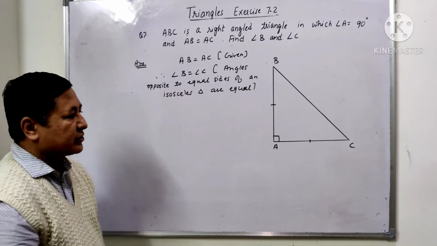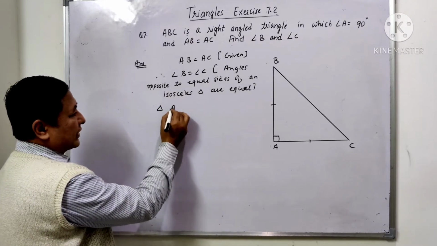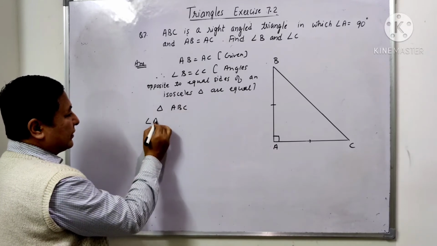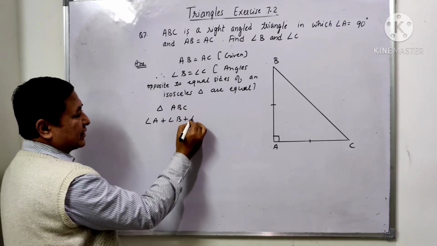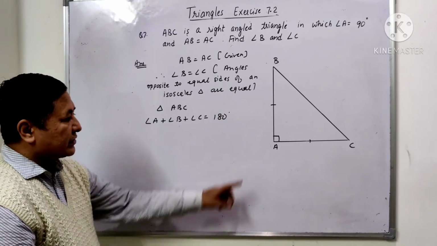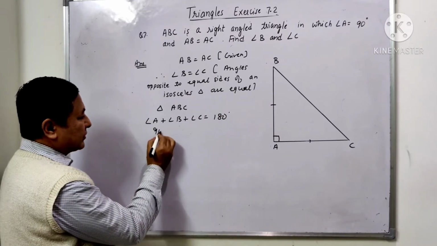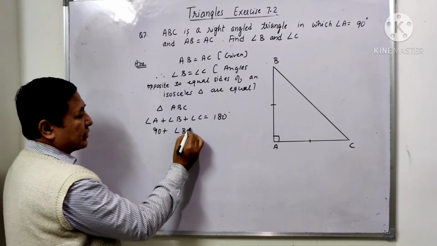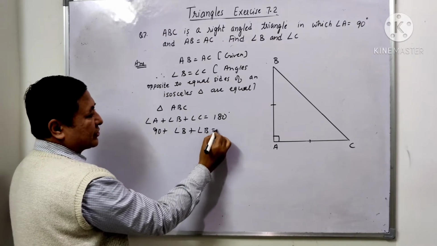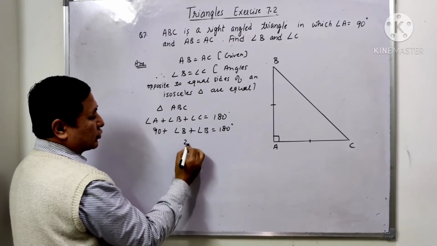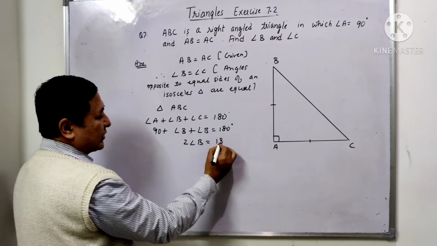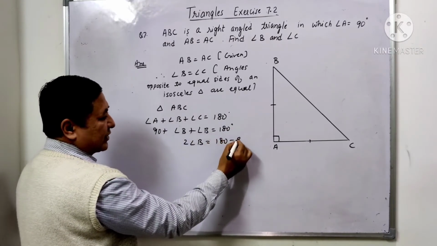Also we know that the sum of all the angles of triangle ABC is equal to 180 degrees. So angle A plus angle B plus angle C is equal to 180 degrees. Angle A is given in the question as 90 degrees, plus angle B, and angle C is also equal to angle B. So twice angle B plus 90 is equal to 180, and we shift 90 to the other side as minus 90.